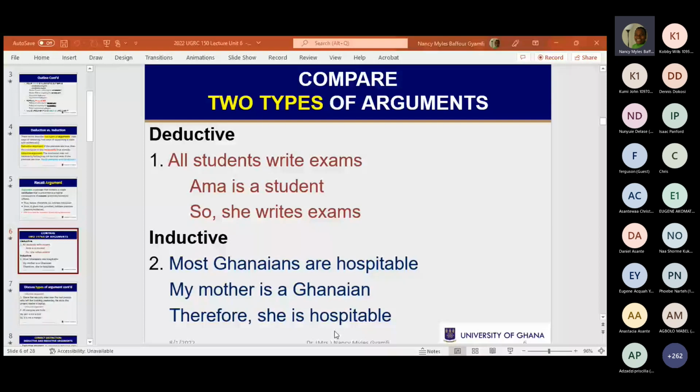Let's use Kofi. If you tell lies, you will not succeed. What is the antecedent of this statement? Kofi tells lies. Very good. So Kofi tells lies is the antecedent.